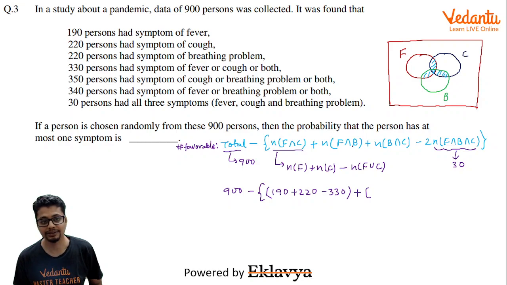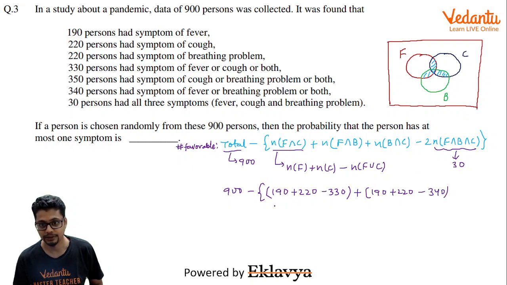similarly n(F intersection B) will be n(F) plus n(B) minus n(F union B). So fever or breathing problem or both, 340.